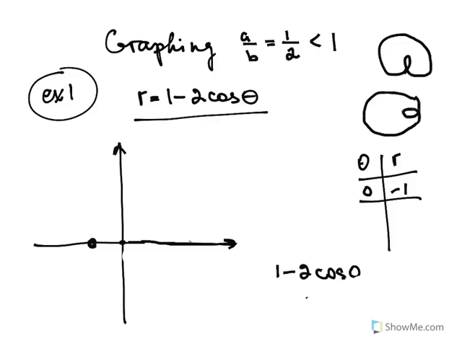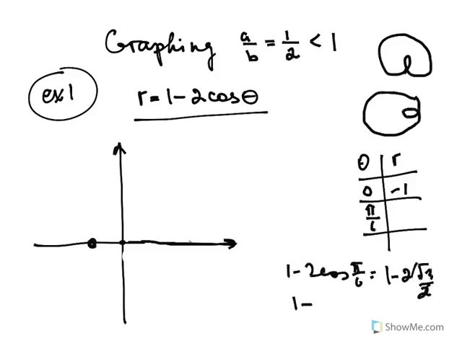Next, let's try, I don't know, I want to consider the first quadrant again. So how about pi over 6. Okay, 1 minus 2 cosine pi over 6. And you get 1 minus 2 times square root of 3 over 2.